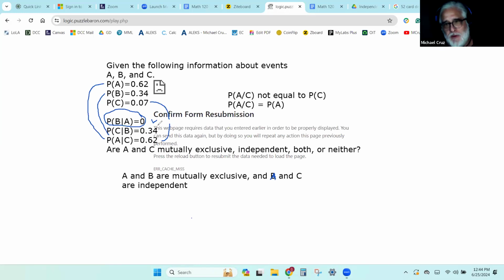Yeah, that's kind of a weird thing, mutually exclusive and independent. The question is just kind of shady to me because it's asking specifically about A and C, and then you get down there and they talk about B and all that.